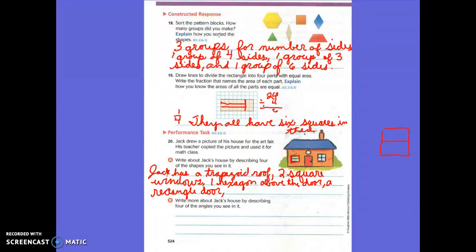A rectangle house, like the bottom house. Rectangle frame. Okay, Aubrey. Like the chimney. A rectangle chimney.